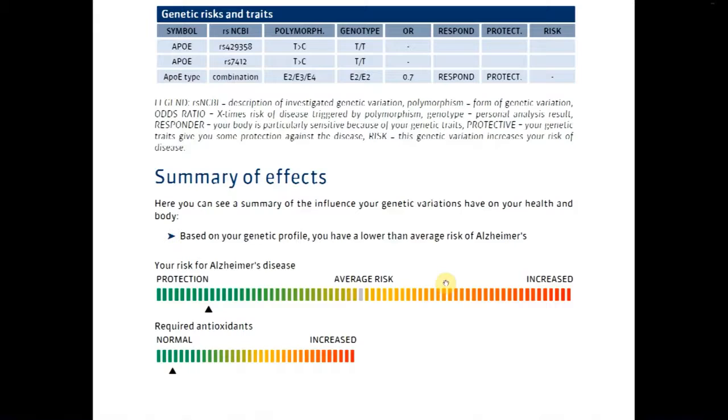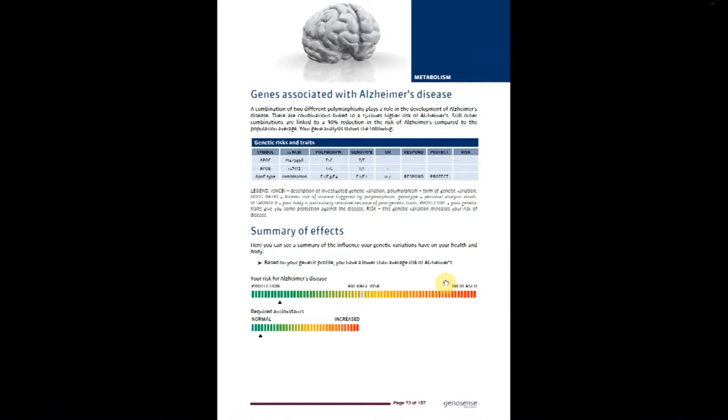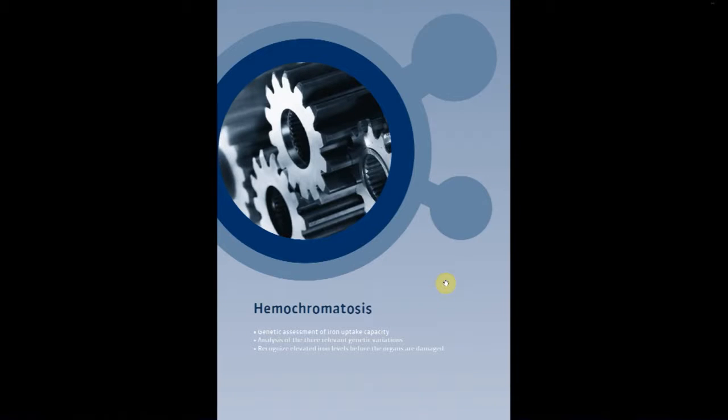Free radicals are part of the damage that is done to the brain, so more antioxidants are required if your risk is higher. And this is your general risk, and this factors into your food list and gives you the best chances to avoid developing the disease through the right nutrition.